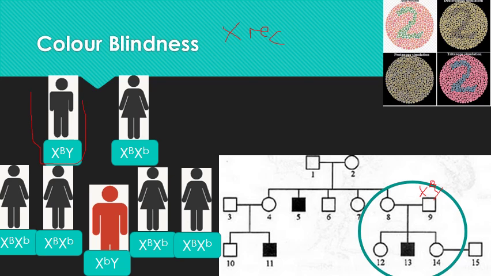So I've just drawn it out for you so it's a bit more clear. His wife, because they are married, must be heterozygous for the trait, as their offspring, male, is affected and is colorblind because he has the recessive trait.